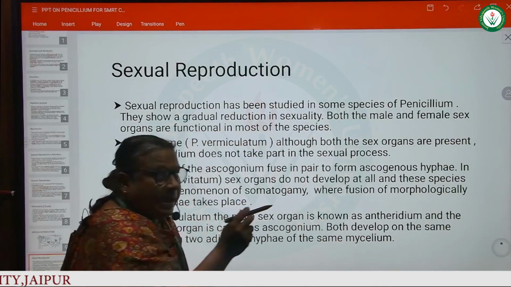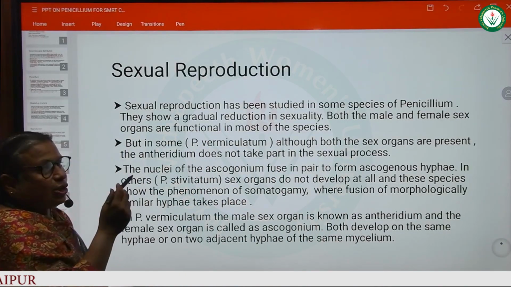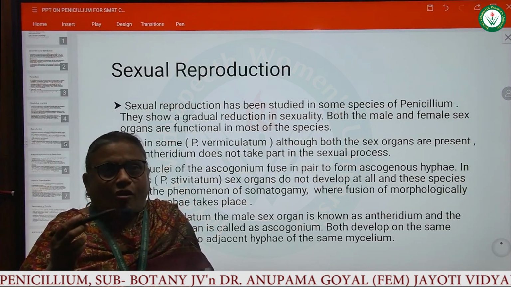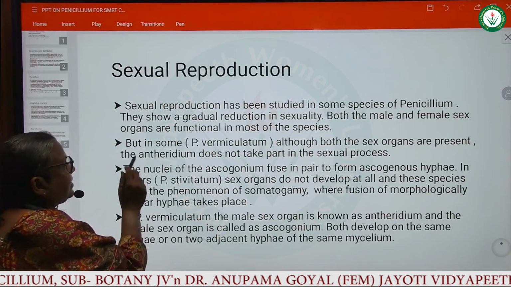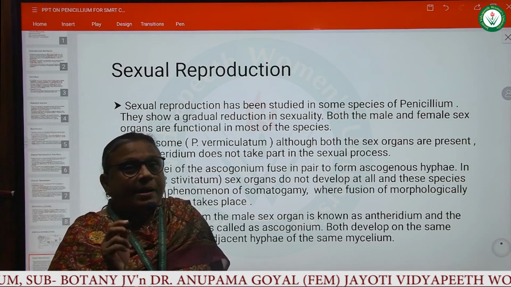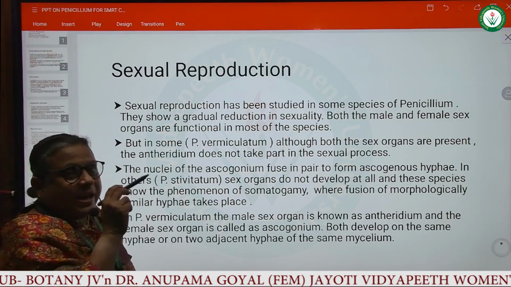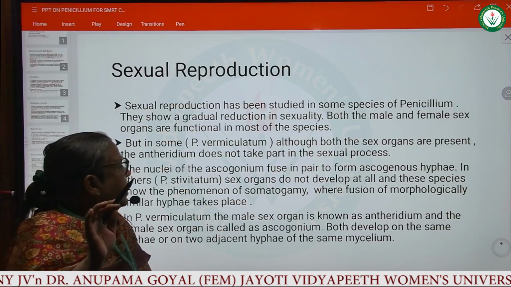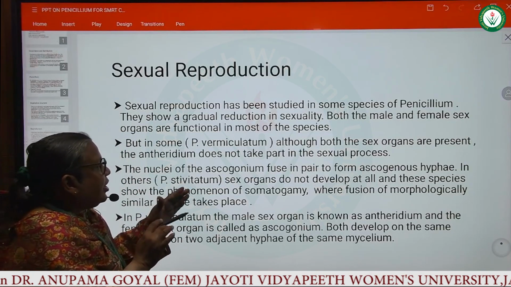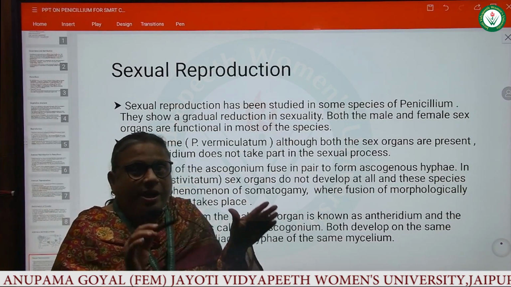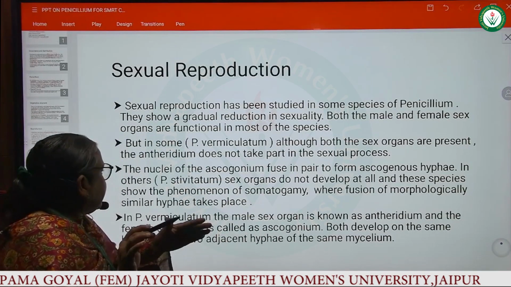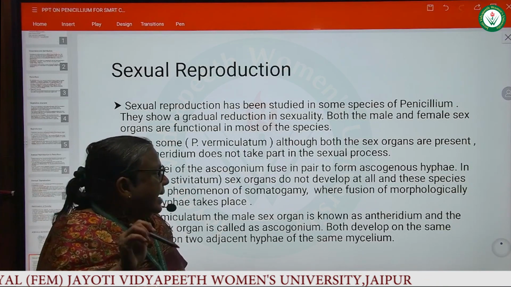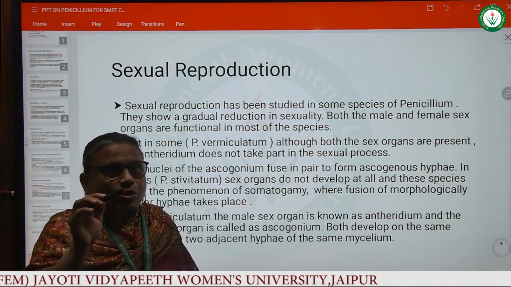Both the male and female sex organs are functional in most of the species of Penicillium, but in some species, for example Penicillium vermiculatum, although both the sex organs are present, the antheridium does not take part in the sexual process. The nuclei of the ascogonium fuse in pairs to form ascogenous hyphae.